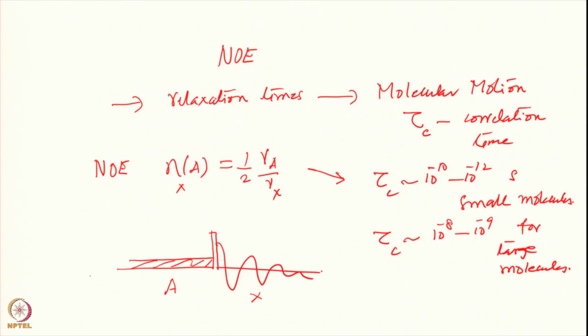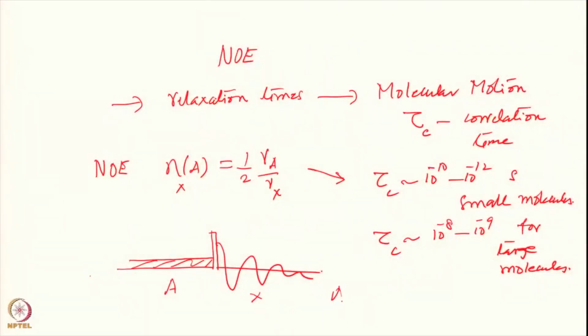What is the advantage here? Suppose A is proton, and X is, let us say, carbon 13. What is the ratio gamma A by gamma X? It is 4, right. Therefore this NOE will be a factor of 2. If gamma A is equal to gamma X, then of course it is a factor of half, so this is 0.5.